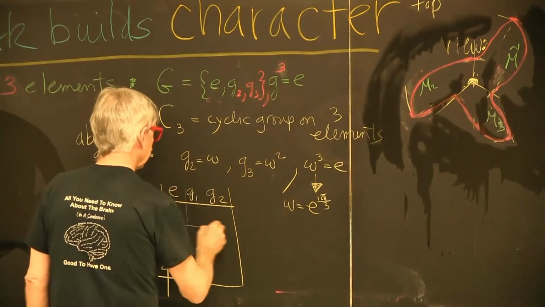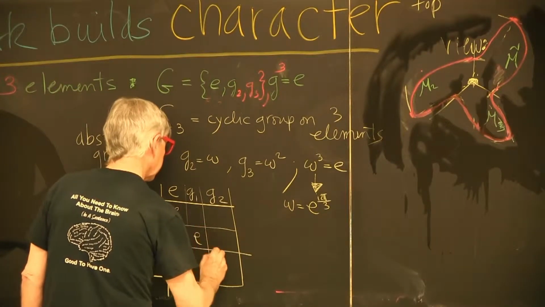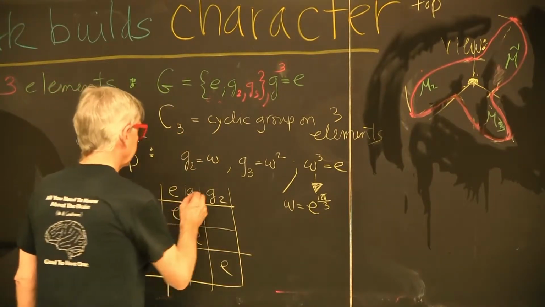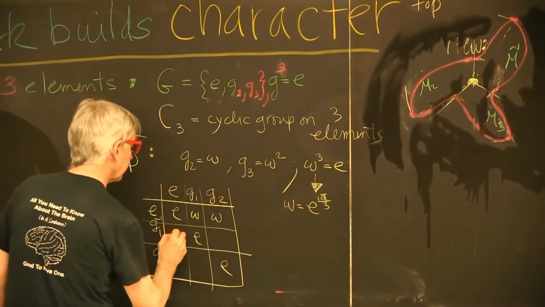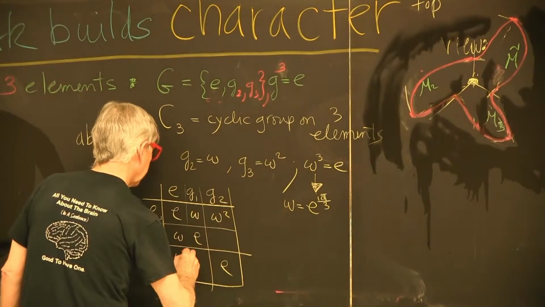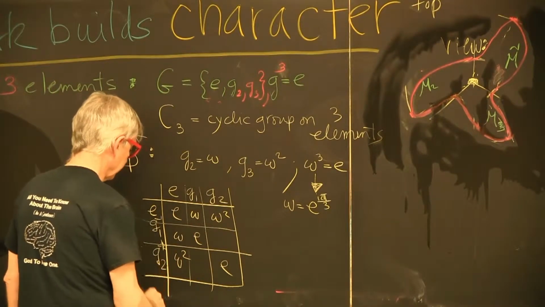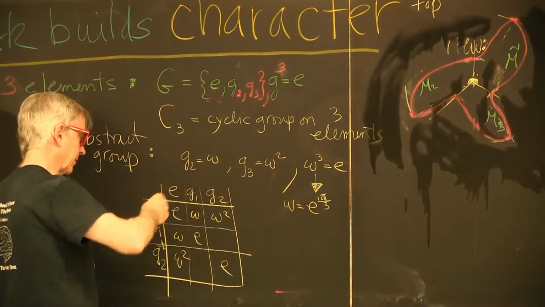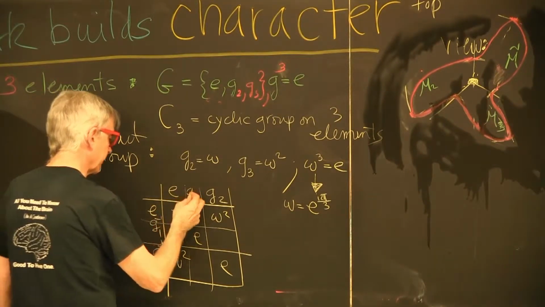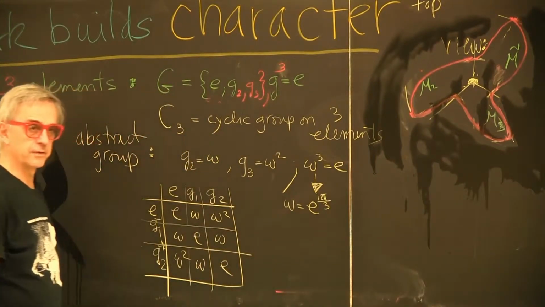If you do that, then the multiplication table has identity on the diagonal. Then elements of the group multiplied by identity. And then it's easy to understand that the inverse of rotating twice in one direction is the same as rotating once in the other direction. So just fill it out. So that's a multiplication table for this.